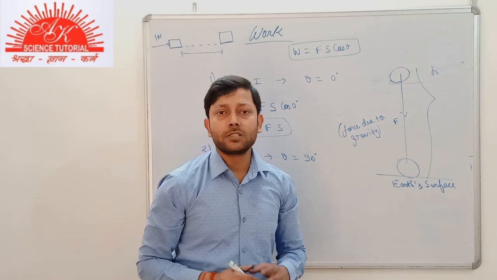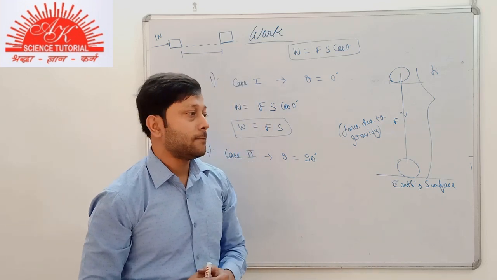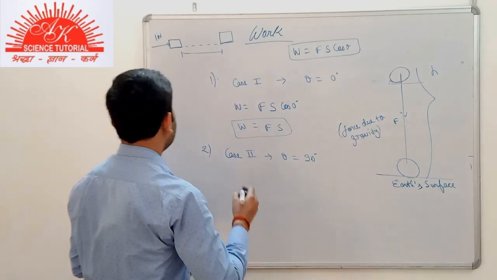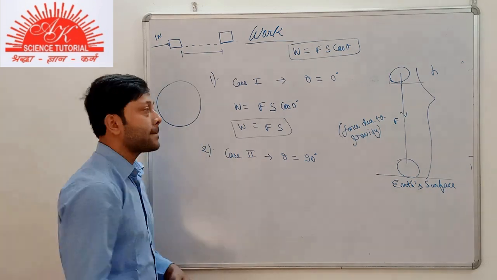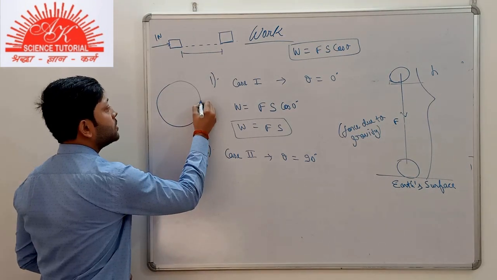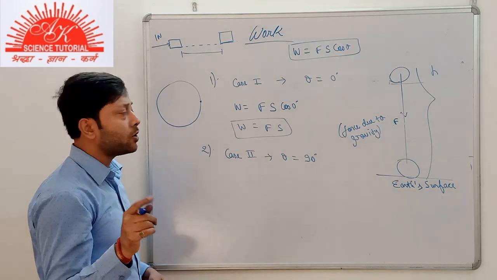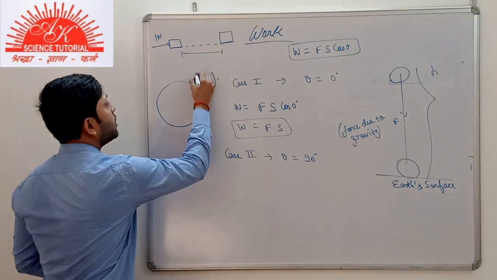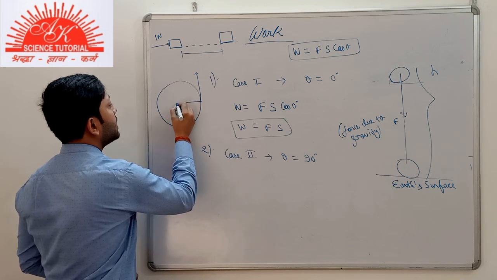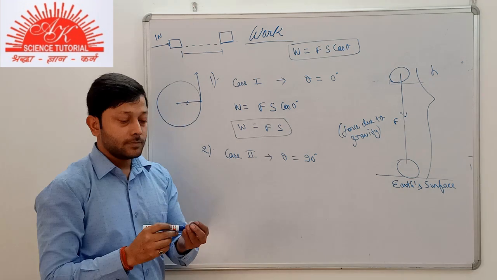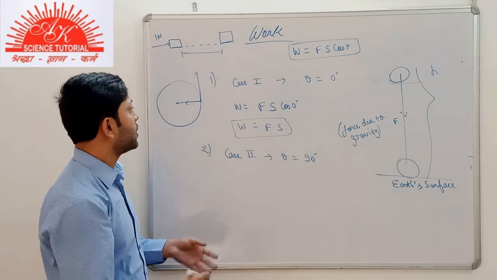Firstly, we will look at some examples. A body is moving on a circular path. In the last chapter, we got to know about centripetal force.